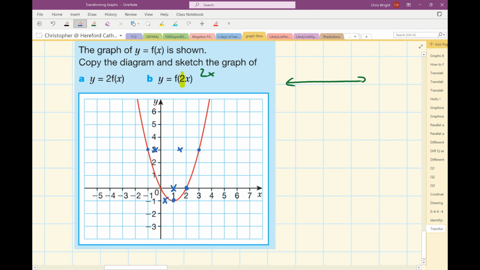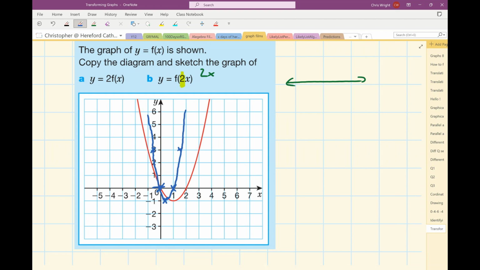And this point here has an x-coordinate of 0. So if I halve that, it will remain at 0. So all I need to do now is to join up my new points, which are those ones with the crosses. So my new curve is going to look like that. And that is a stretch in the x direction by a factor of 1/2.